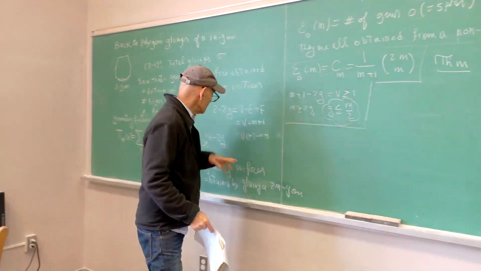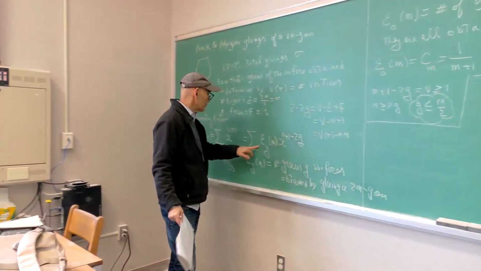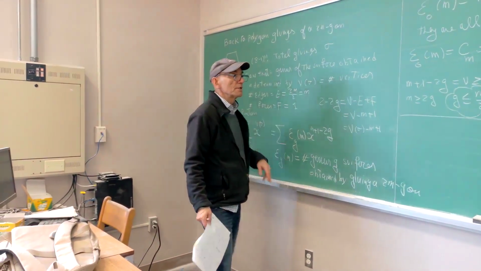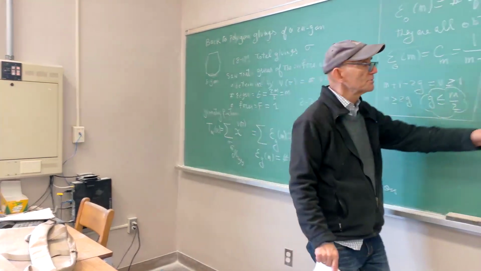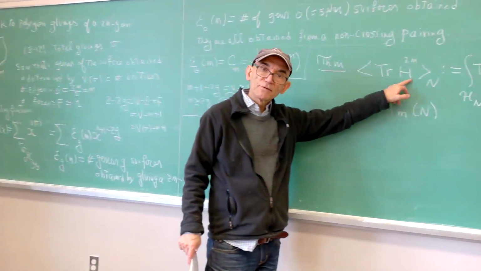So in other words, the generating function for polygon gluings is essentially counting the moments of GUEs.